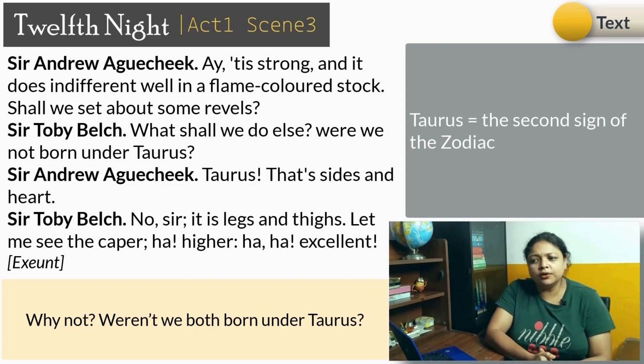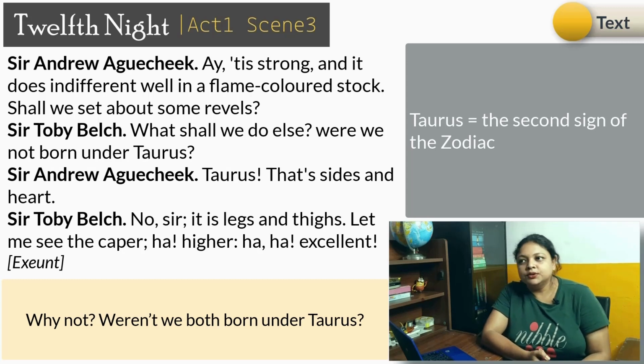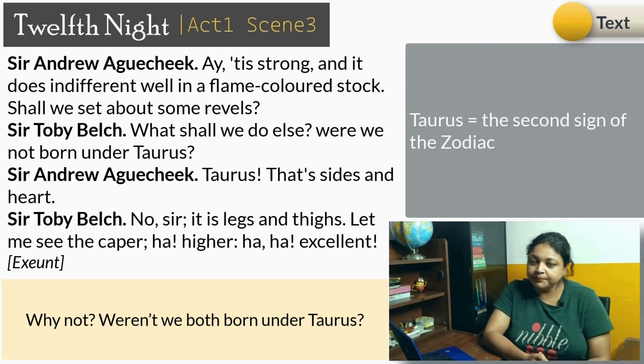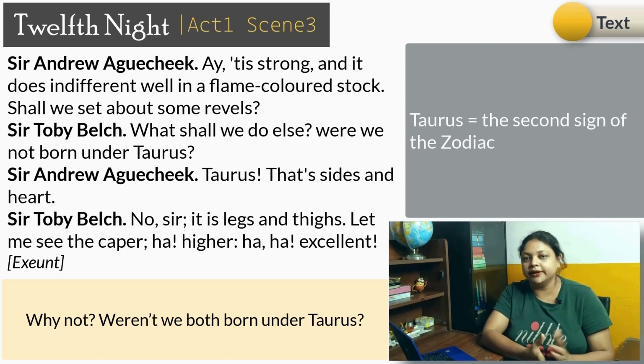Now it is believed that Taurus rules the heart, and somehow it's connected to music, rhythm, rhyme and creativity in people. So people born under Taurus are creative people, and they are associated somehow with musicality and lyric.